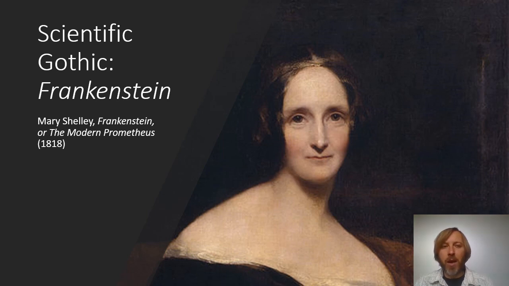It emerges out of a very famous episode in which a number of romantic writers start a ghost-writing contest to find out who can come up with the scariest story. And Mary Shelley comes up with this idea of a man creating a human life out of body parts, and then being unable to cope with what he actually has done. And that's the germ of the novel, and she goes on to write this novel.